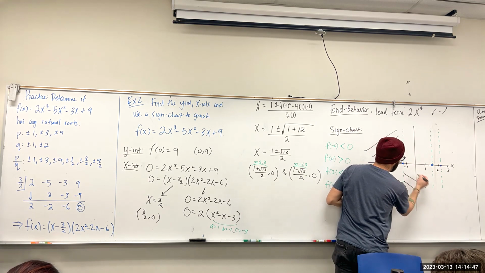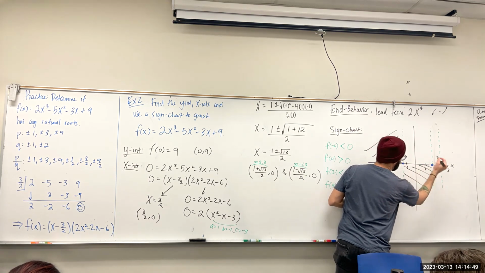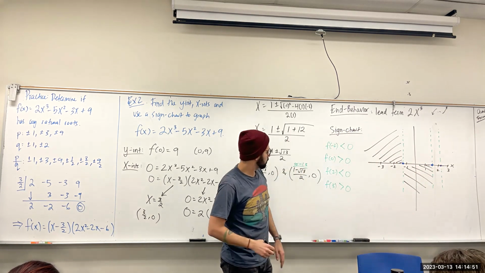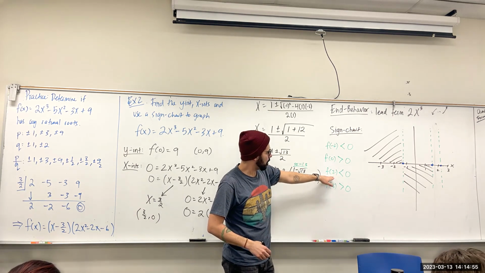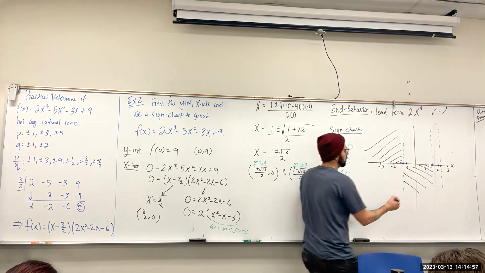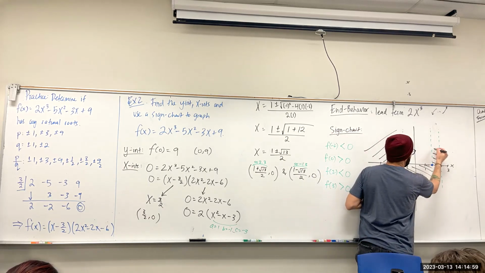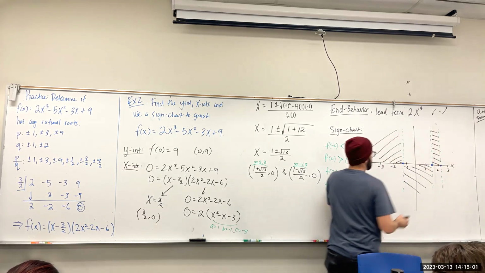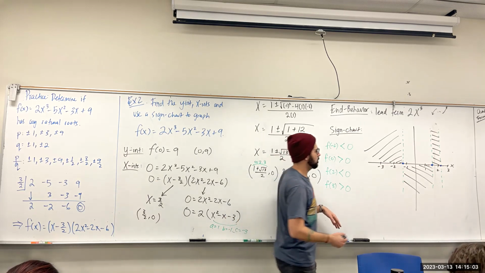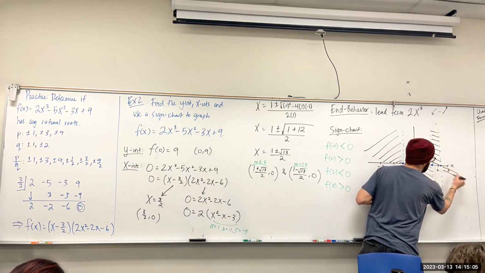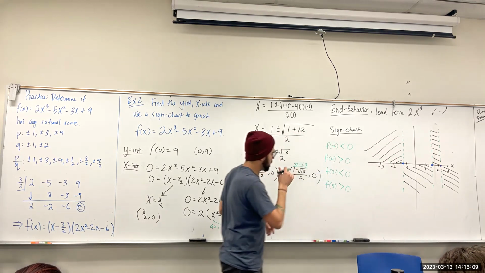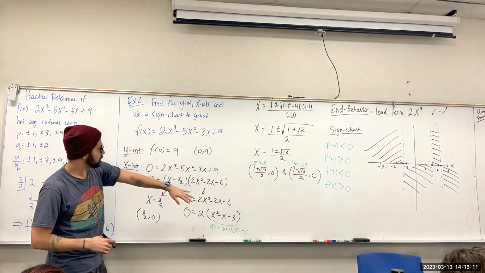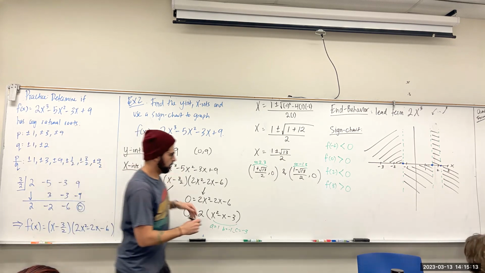In that small skinny region there, the y values have to be negative, so it cannot be above the x-axis. And then positive, so then it cannot be below. Where does it cross the y-axis? At 9.